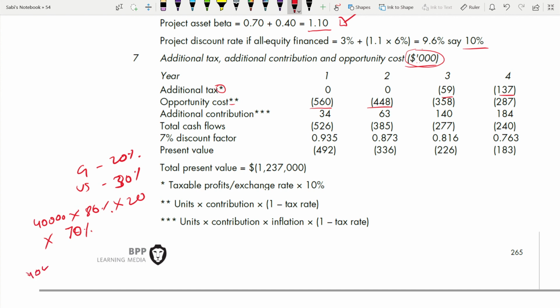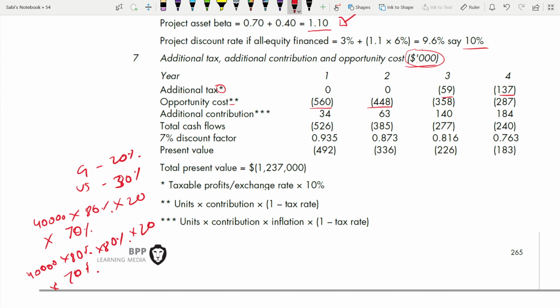So it will be 40 into 80%, again into 80%, because it will keep reducing by 20%, and into 20 is the selling price, into 70%. Third year when you go, everything will remain same, just again take 80% because it will keep reducing. Okay, so on 358 you just have to multiply 80%, it will be 286.4 but 287.